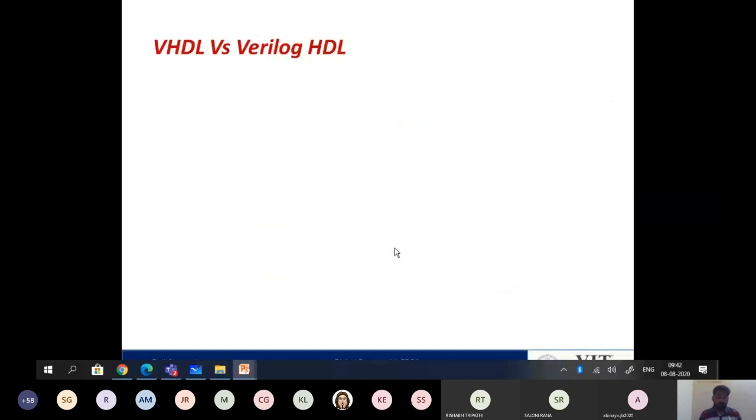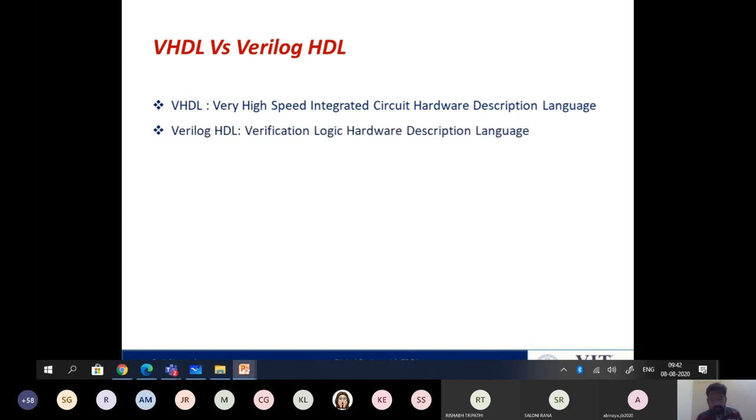Fine. Here is a question: what is the difference between VHDL and Verilog HDL? VHDL stands for Very High Speed Integrated Circuit Hardware Description Language, whereas Verilog HDL stands for Verification Logic Hardware Description Language.